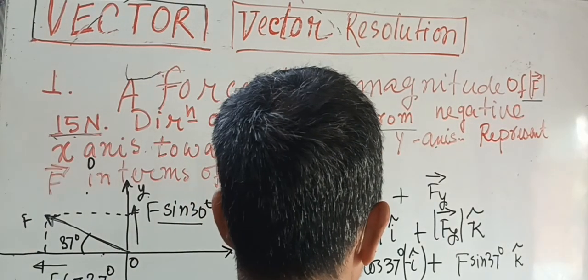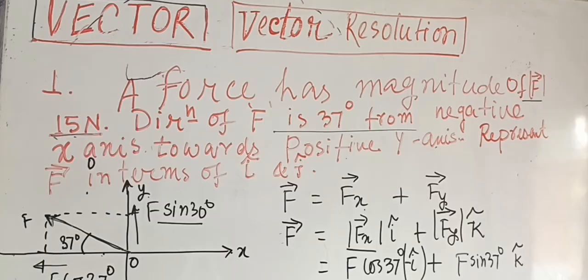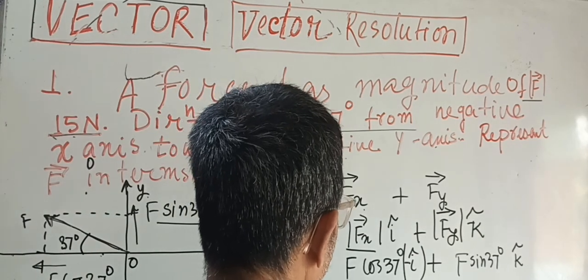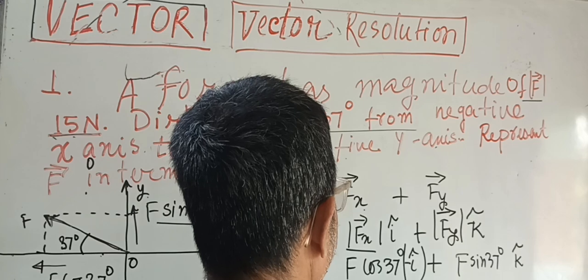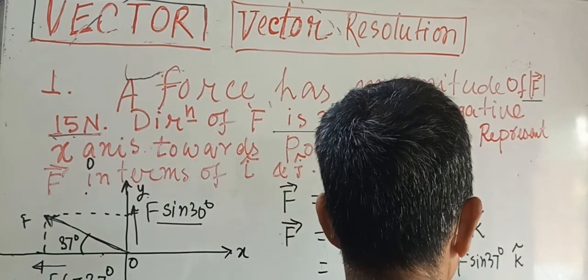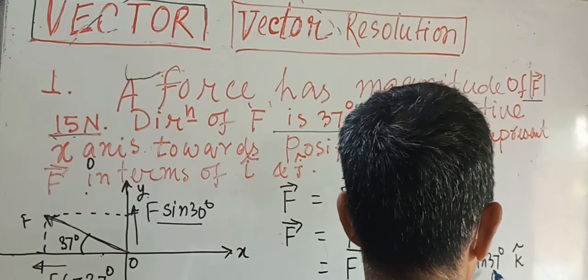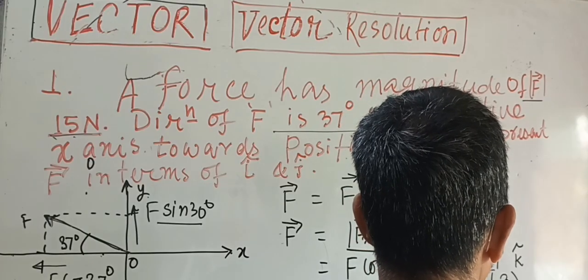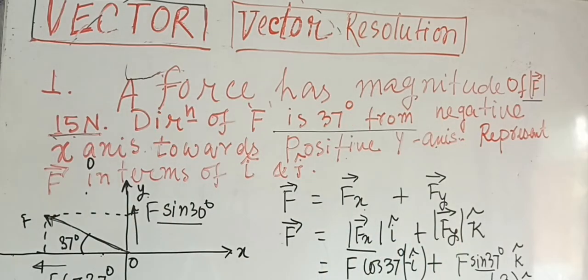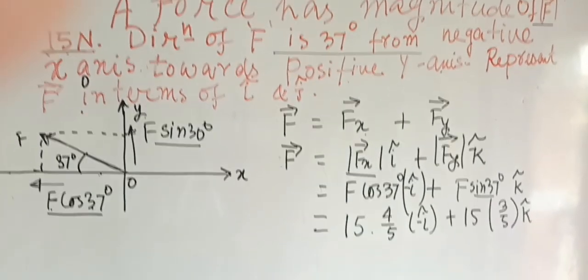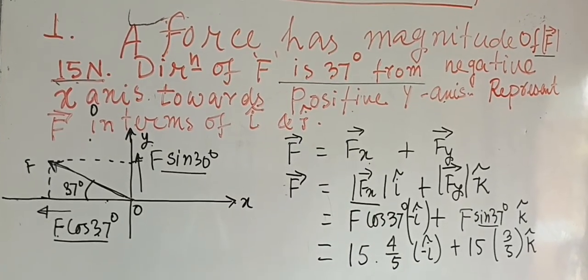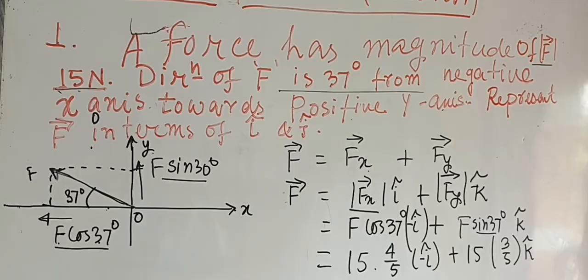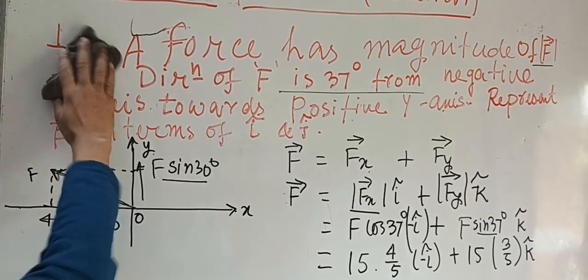Let us put 15 Newton. Fine. Now cos 37 is standard value 4 by 5 minus i cap. This is 15. Sin 37 is 3 by 5 j cap. Okay. I have just put the values.